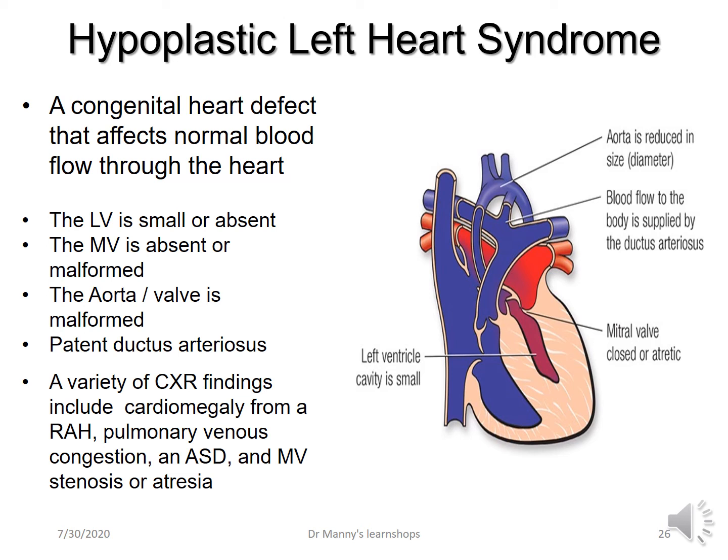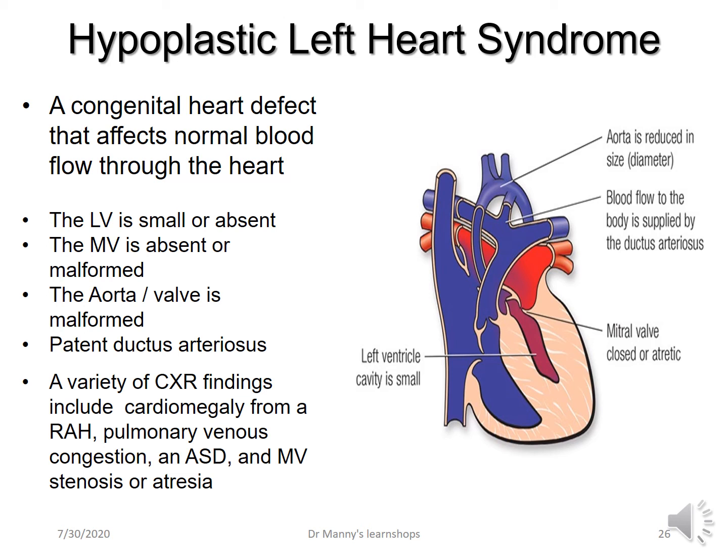The mitral valve is absent or severely malformed. The aorta and its valve is malformed, or it could even be missing. The patent ductus arteriosus is present and functioning. If it wasn't, the infant would probably die at birth.